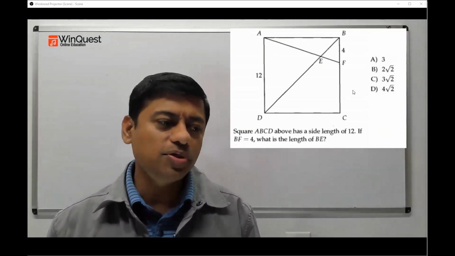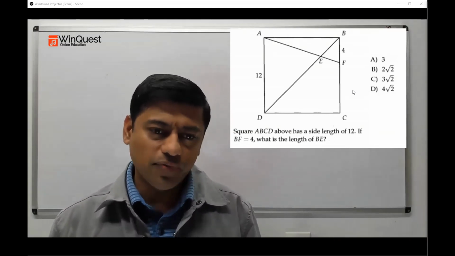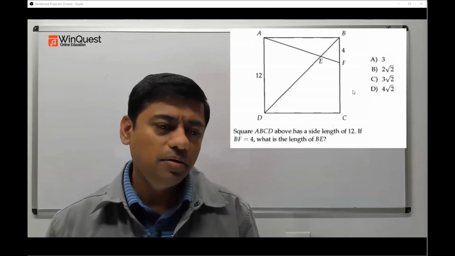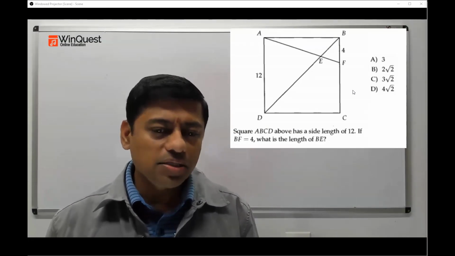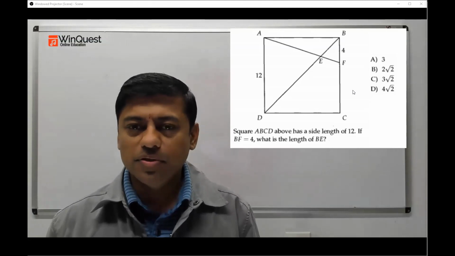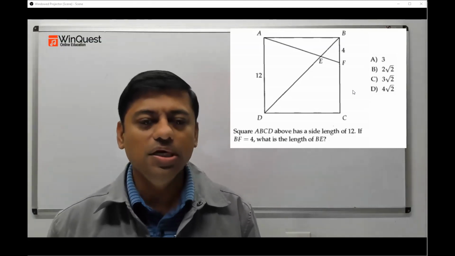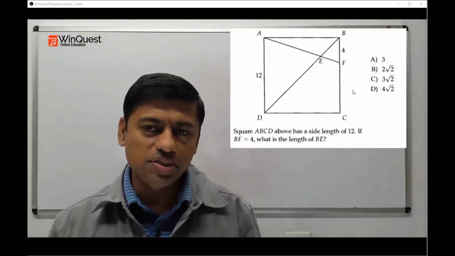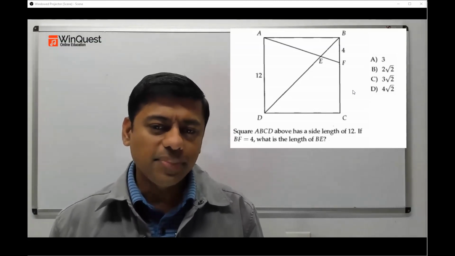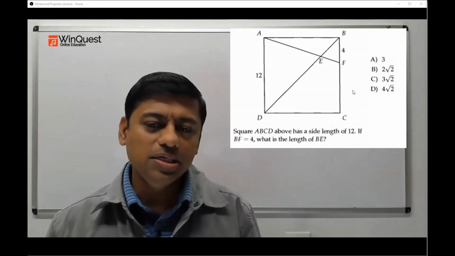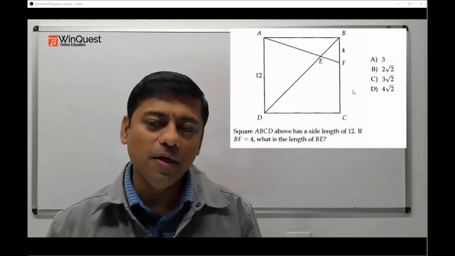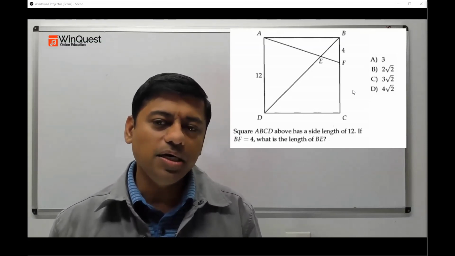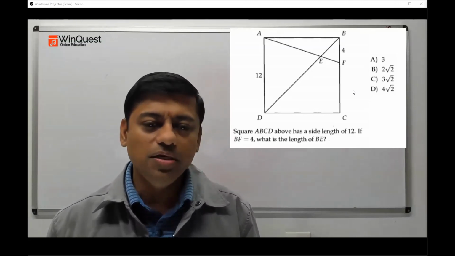There are some conceptual things that you have to apply. It is more of a quadrilateral plus triangle concept within a single problem. Your quadrilateral here is actually a square, which is ABCD. And the ask is to find BE, which is technically a side within a triangle.